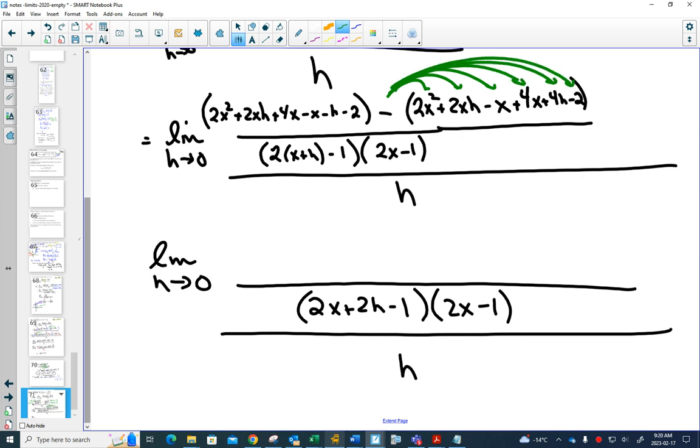I know that there are some like terms in there, but I'm going to imagine doing all of this at once. First of all, I'm going to notice that my 2x squared and my 2x squared will go away. My 4x and then minus my 4x will go away. My x and minus a negative x will go away. The 2xh and the 2xh will go away.